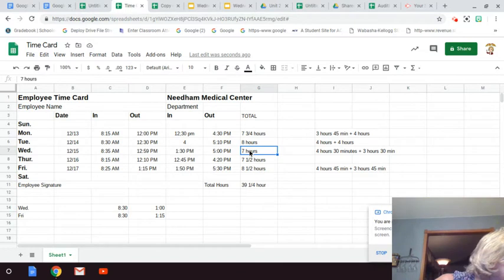Maybe did I copy my numbers correctly? Thursday, 8:15, 12:10, 12:45, 4:20. This one they're saying the 4 here.